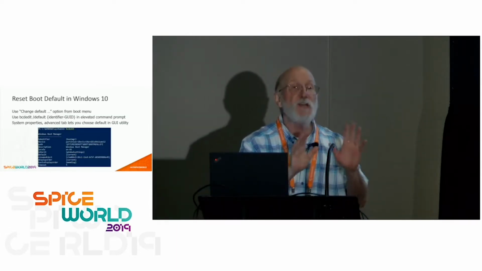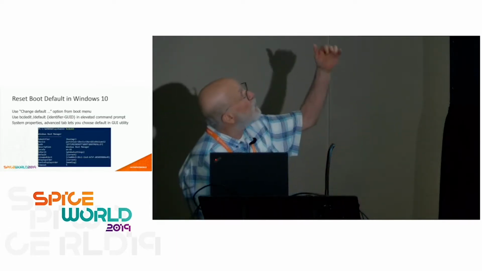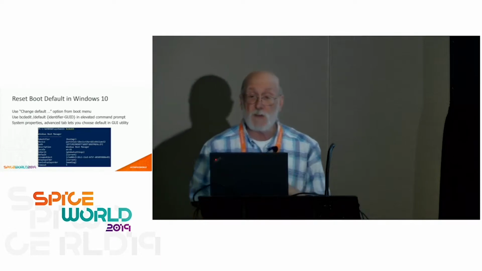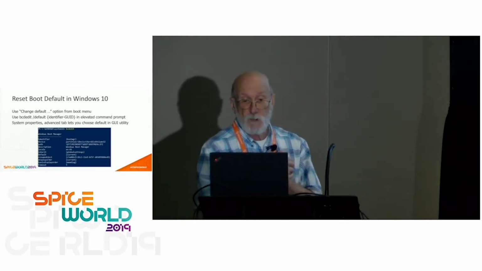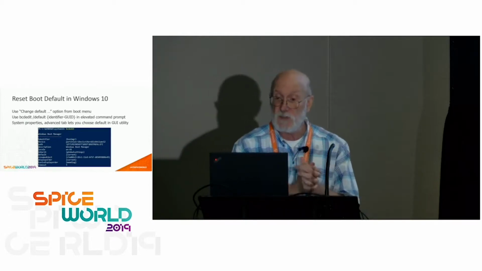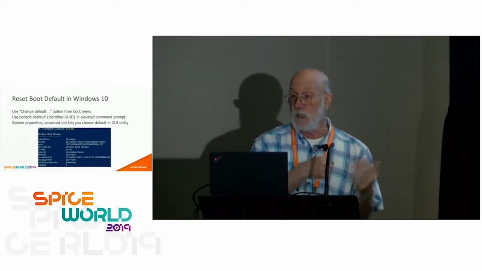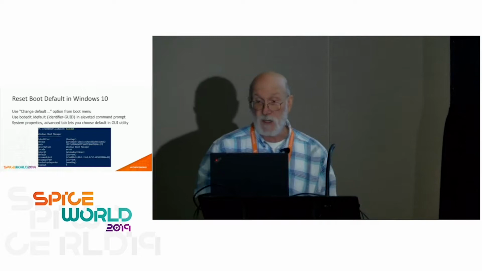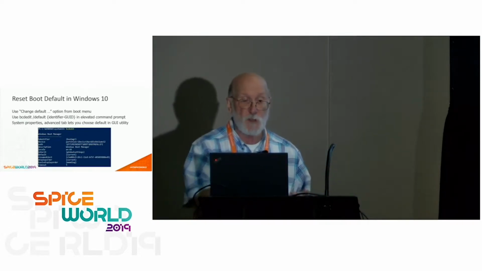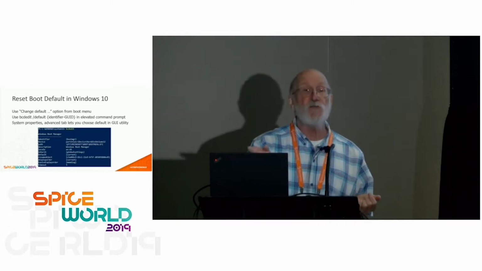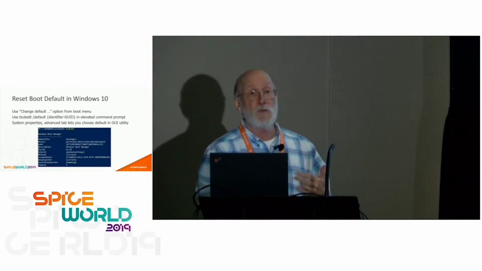And just in case you don't remember, there are 3 different ways that you can reset the boot default in Windows 10. I usually opt for the third one, which is to go to the System Properties Advanced tab. You can then go into the boot setup and choose your default boot right from a list there. But you can also use the change default option that shows up in the boot menu itself.